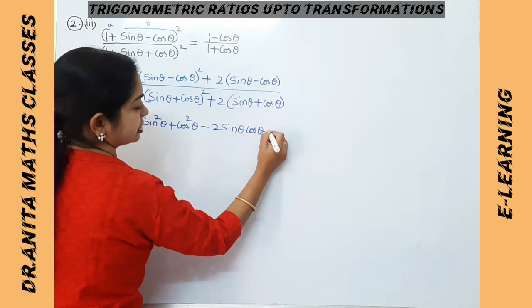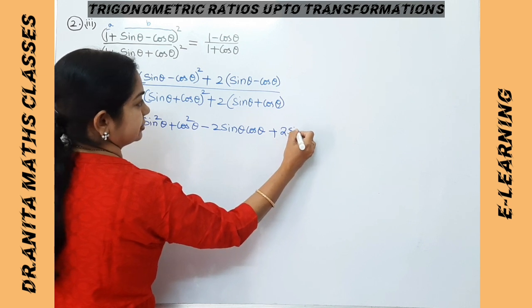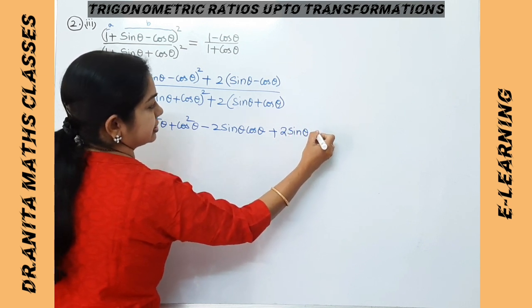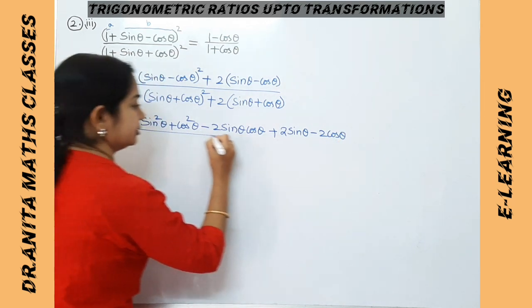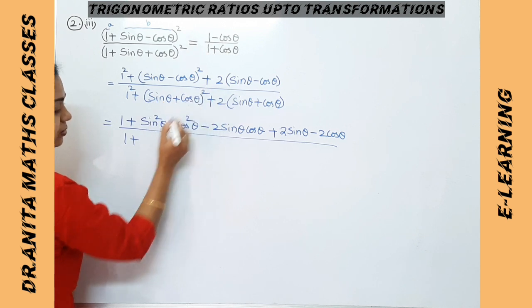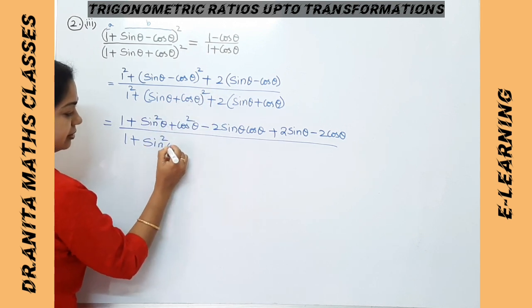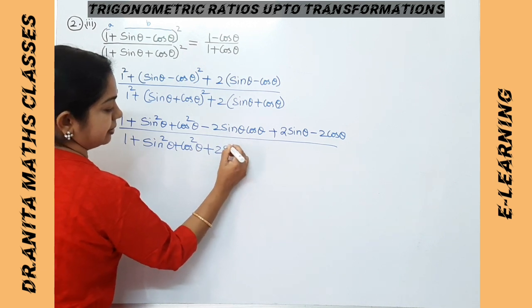Now in a similar fashion, do this. Here 2 sin theta minus 2 cos theta. Here in the denominator, 1 plus A plus B whole square, again A square plus B square plus 2AB.